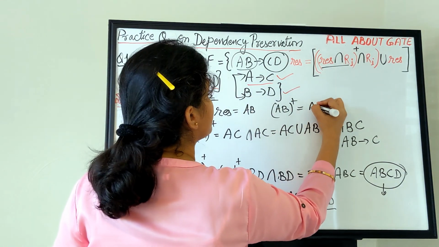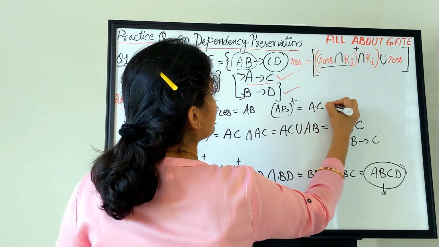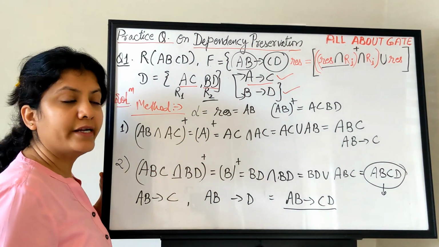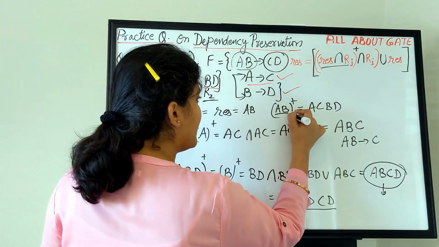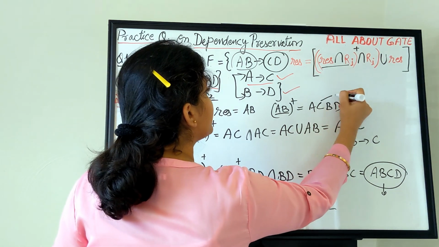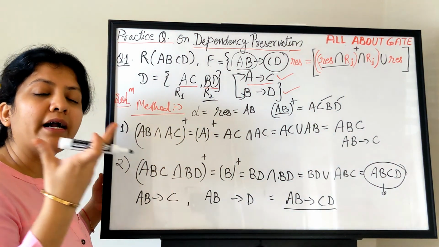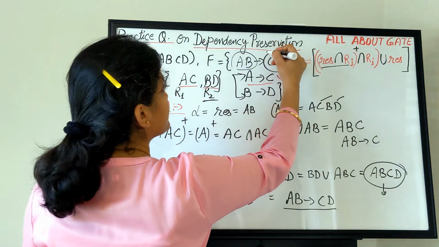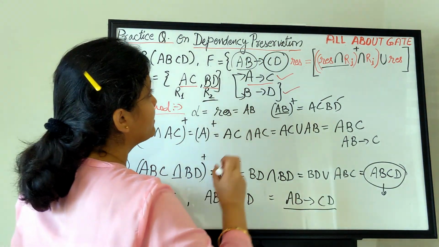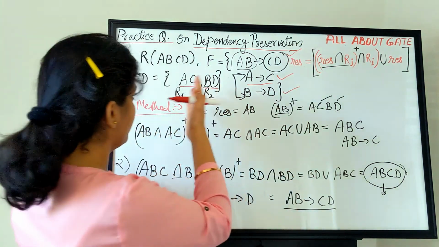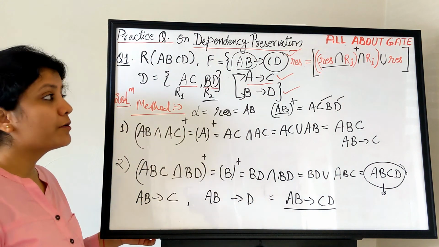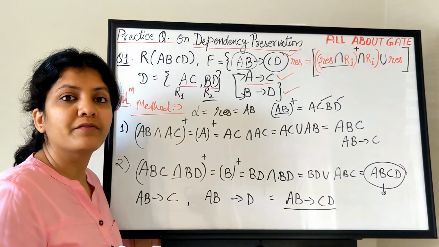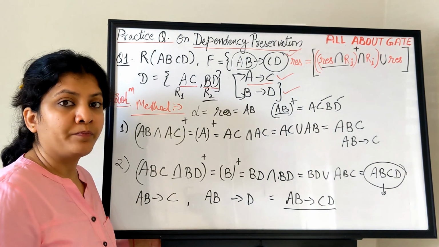A gives C, B gives D. Correct? So that also says that yes, AB is capable of determining the value of C and D. With that simple way also you can say that this is true. So in this decomposition, the property of dependency preservation is very much true.